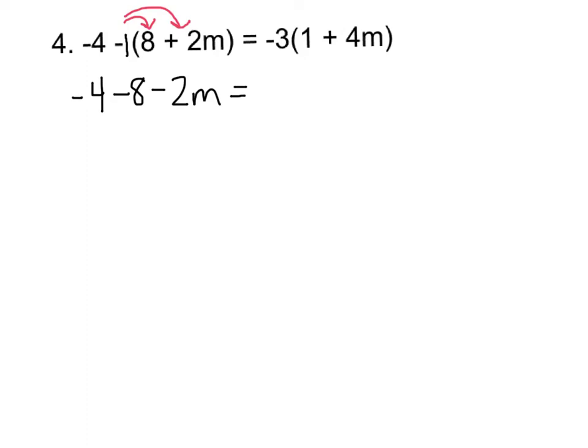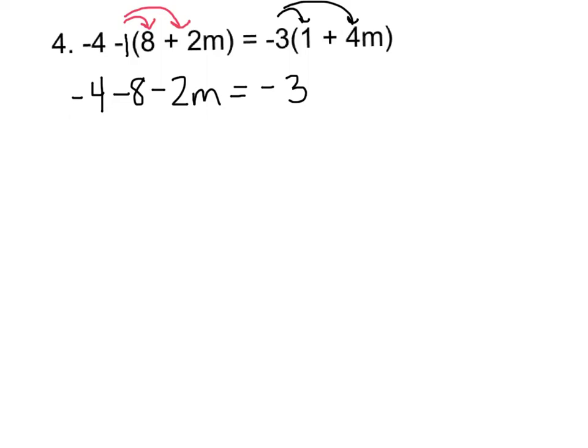Equals. Distribute a negative 3. Negative 3 times 1, we have negative 3. Negative 3 times 4. Now here's what some people do, which is completely acceptable. Some people take negative 3 times 4, put negative 12, but then they put plus negative 12. Let's try not to do that anymore, because it's going to save you some steps down the road.